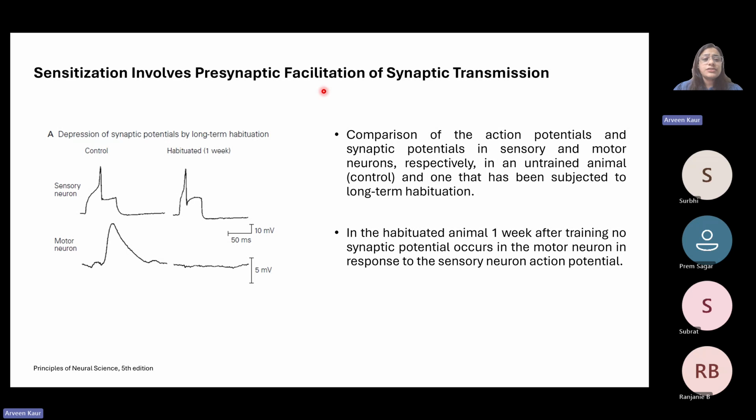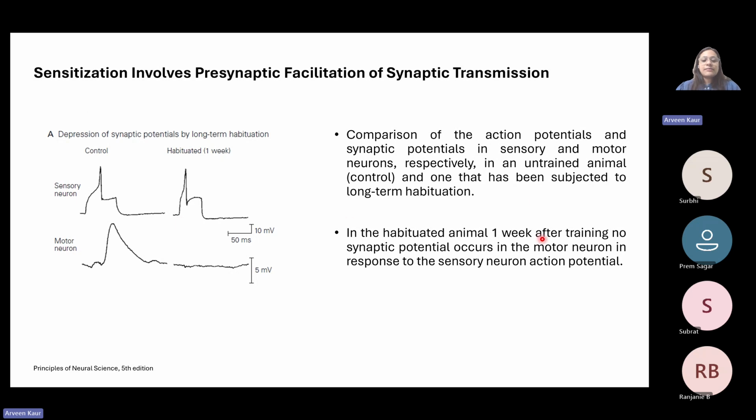So, sensitization actually involves presynaptic facilitation of synaptic transmission. You can see over here, there's a depression of synaptic potential by long-term habituation, right? Initially, this is what happened, and after habituation, this is the kind of response you see. This is a comparison of action potentials and synaptic potentials in the sensory and motor neurons, respectively, in an untrained animal and one that has been subjected to long-term habituation.